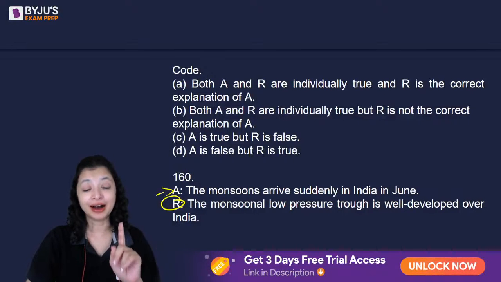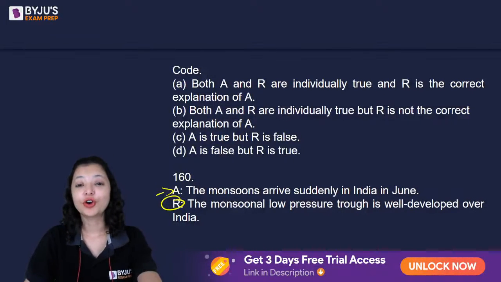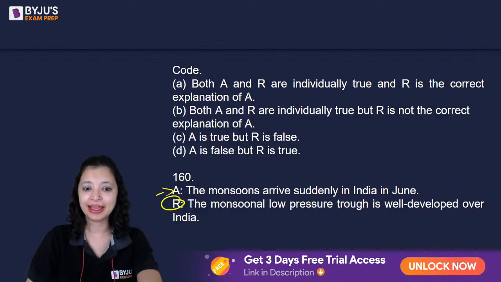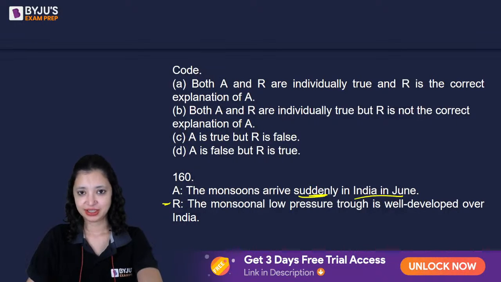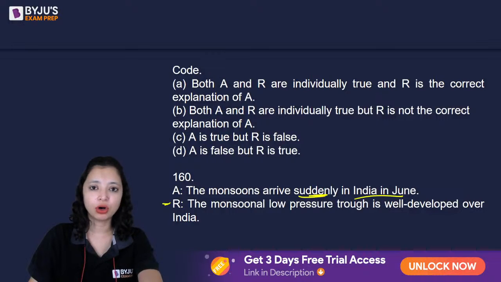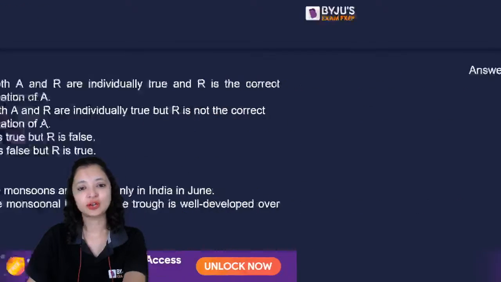So R is the correct reason for A being true. R is the reason why suddenly we have rainfall entering India. So even if you're getting them wrong, the idea is that you know more, so don't be afraid of getting an incorrect answer. Let's check out the next question.